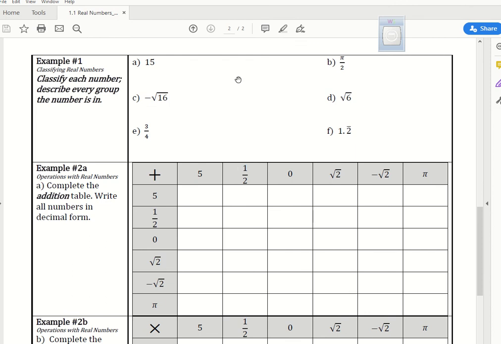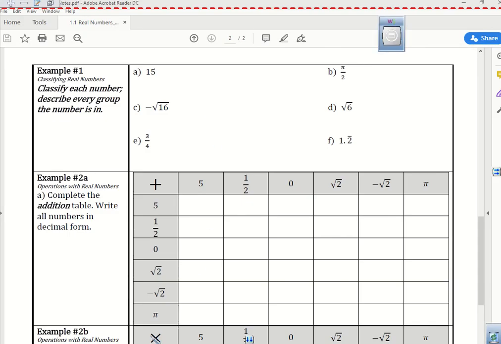So 15. 15, I would start with the smallest subset, which is a natural number. I'm going to put n for natural number, and then I'm just going to go up. Okay, so everything above natural numbers, 15 is included in. So it's a natural number, which means it's a whole number, which means it's an integer, which means it is rational.